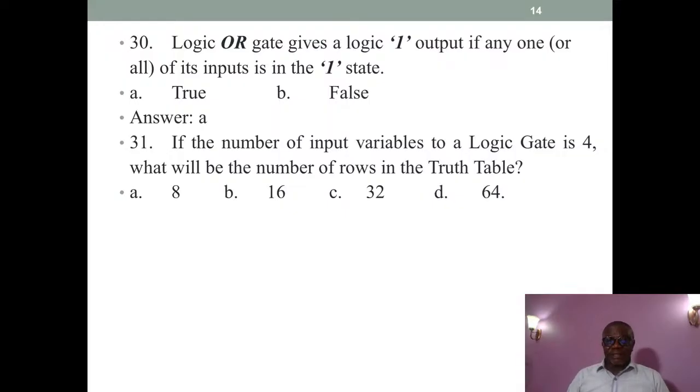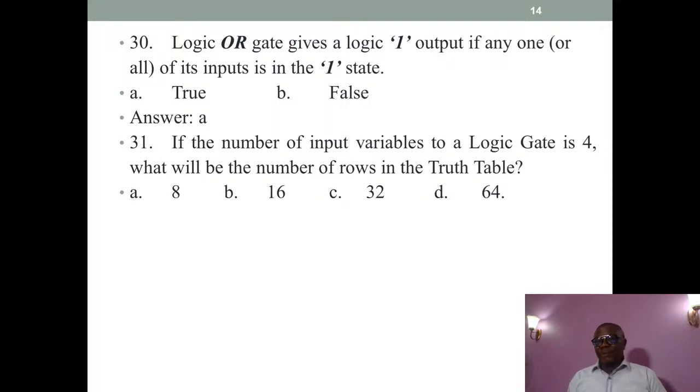Logically, if you look at it, you have 4 input bits. It means one can be 0, the other one 0, the other one 0, the other one 0. Then it can be 1, the other ones 0, 0, 0.